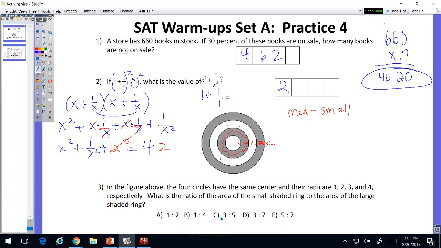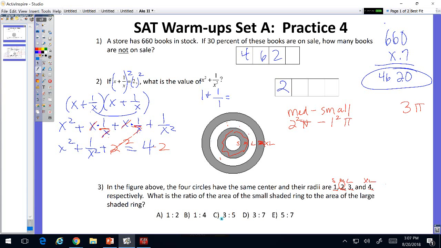That is one of the formulas they give you on the SAT. So here, we'll do pi times our radius squared. The medium one has a radius of 2, the small 1, the large 3, and the extra large 4. So I'm going to do 2 squared pi minus 1 squared pi. 4 minus 1 is 3.